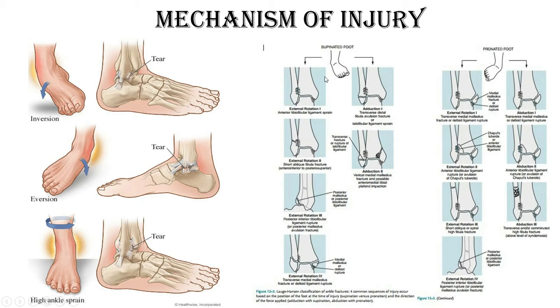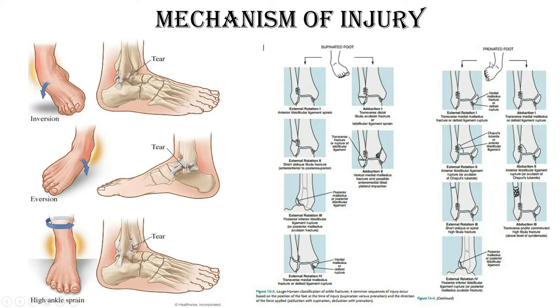As the force of the injury increases, the severity of the damage will increase. You can easily understand this is the most severe injury, this is the less severe injury, this is the very small injury. This classification will address not only the fracture, but also the sprain.